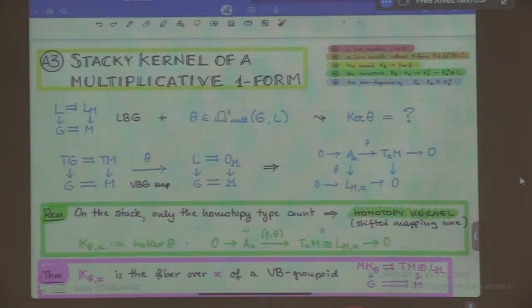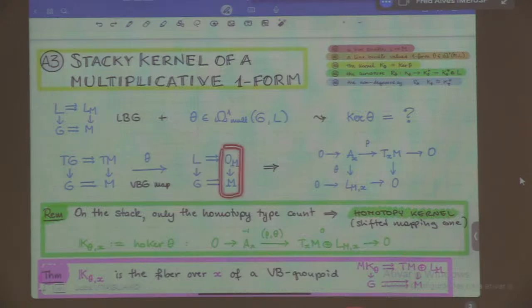To do this, I need to remark that actually theta can be understood as a VB groupoid map between the two appropriate VB groupoids. Well, first, on one side, I have the tangent groupoid, and on the other side, I have L, but with a new VB groupoid structure, which is related to this one, but it's different.